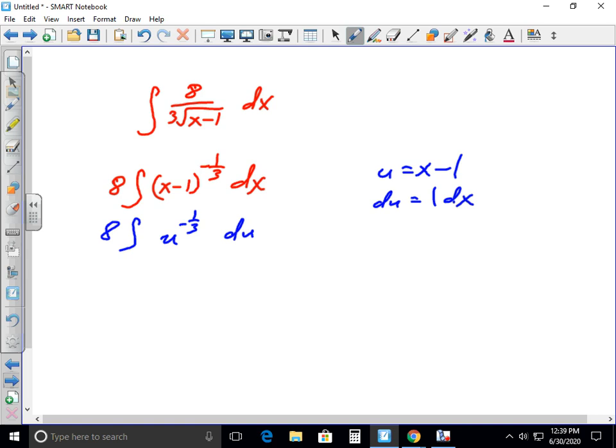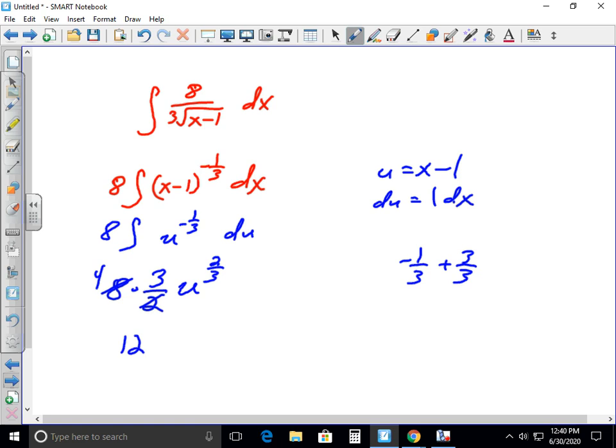We have our du. So to integrate that, we have u to the 1 bigger power, well, negative 1/3 plus 1, or plus 3/3, is 2/3 over that power. So instead of dividing by 2/3, multiply by 3/2.